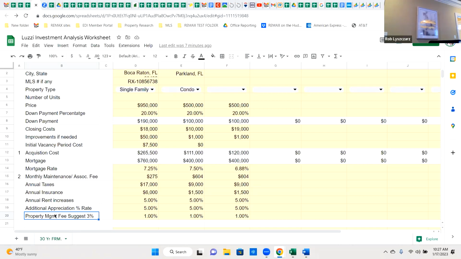I have a multifamily property in Bloomfield, New Jersey. Put this in.